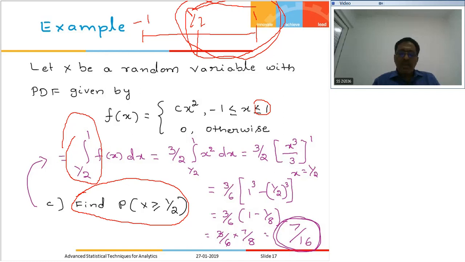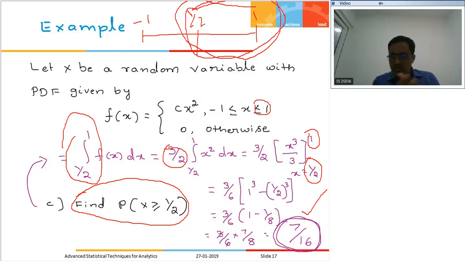Here f of x is c x square, where c is 3 by 2, so we integrate 3 by 2 x square dx between the limits half and 1. Integration of x square is x cube by 3, and we substitute upper limit 1 and lower limit 1 by 2. From this we get 7 by 16. So total probability is 1, but in this half of the interval, the probability is 7 by 16.